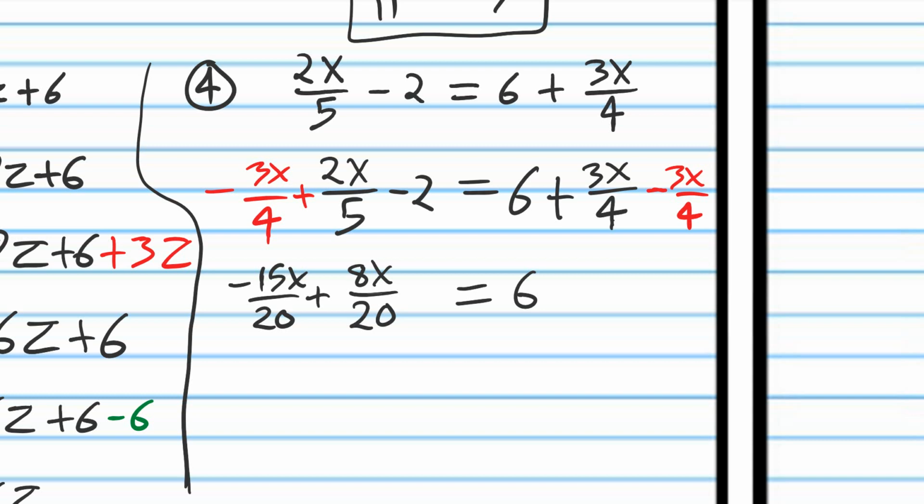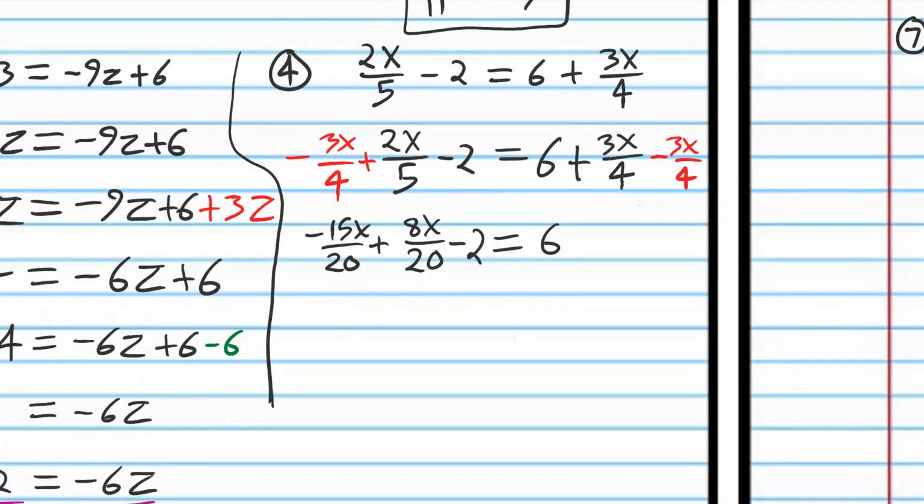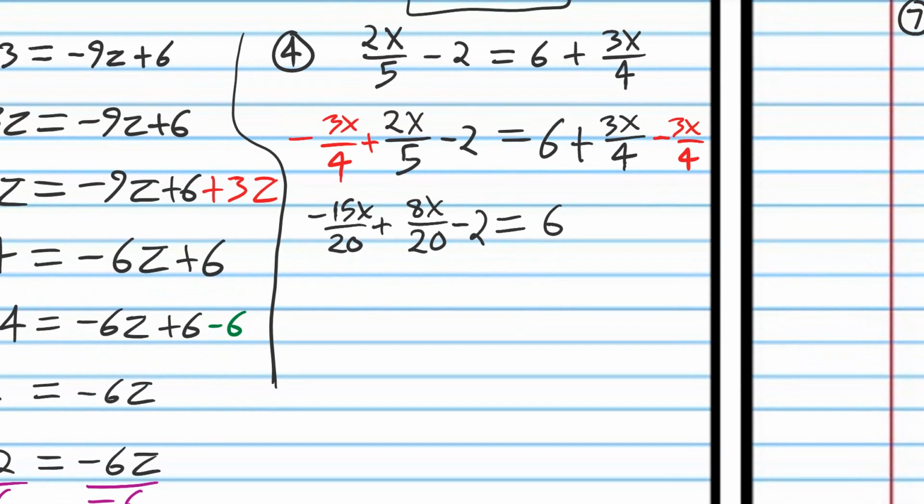You were already tested on that in this course, so I'm not going to keep saying that over and over again because I don't want to bore students. All right, and then minus 2. So let's see here. All right, so now we can combine the fractions, and we get negative 7x over 20.